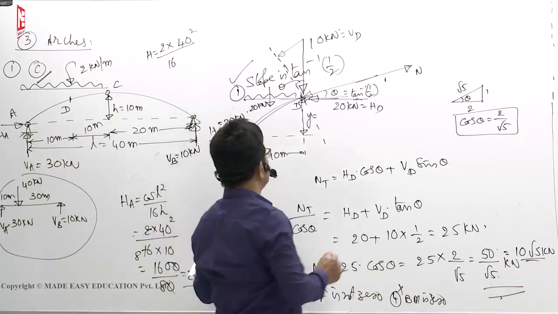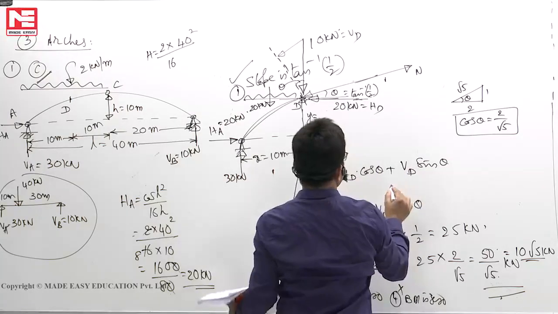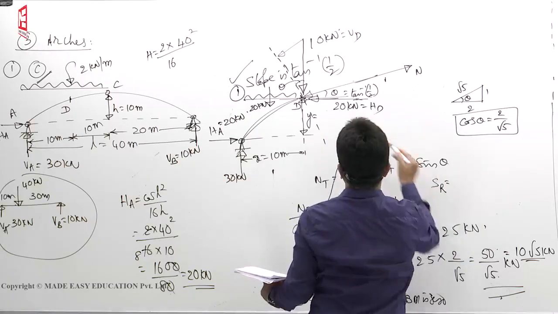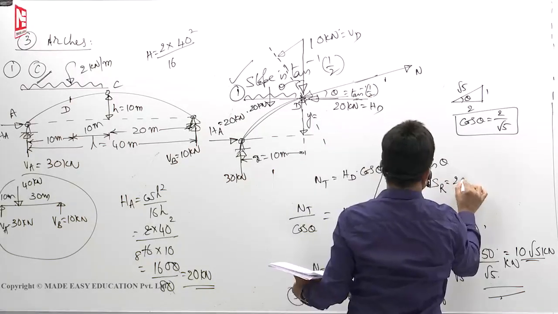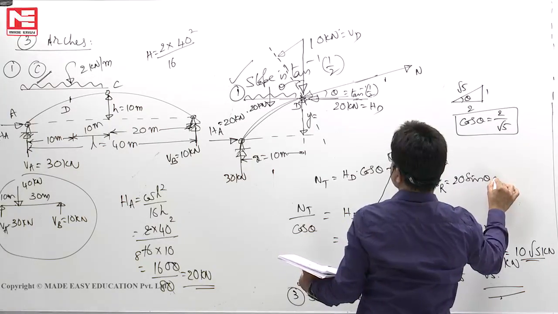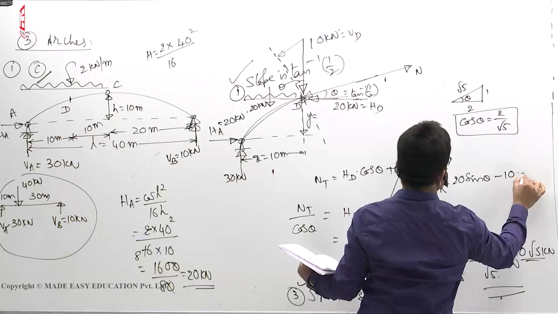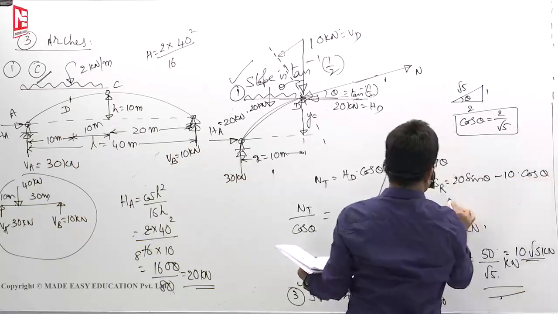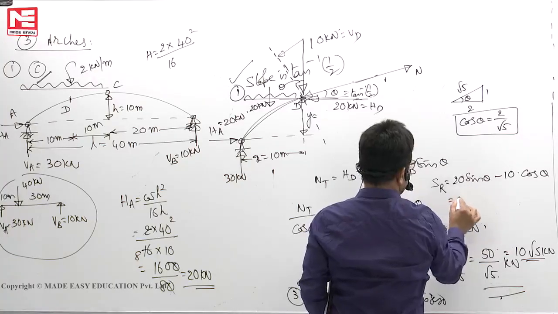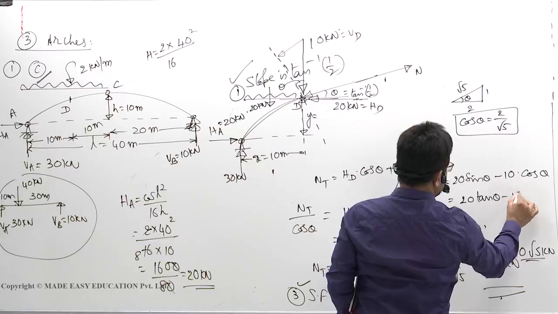Suppose radial shear, when you calculate at this point, you will get how much? Radial shear is 20 sine theta upward minus 10 cos theta. If you again divide by cos theta, 20 tan theta minus 10.